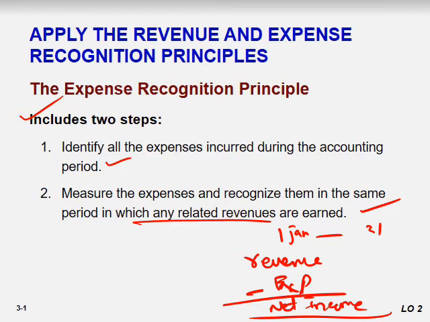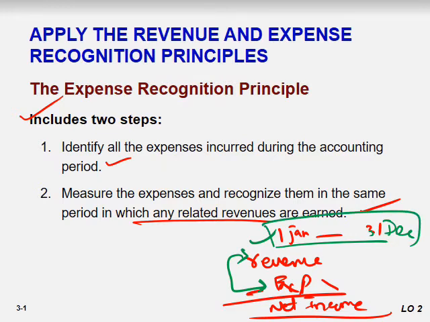And one thing to remember, that these expenses should be related to the revenues, right? And within this time period.